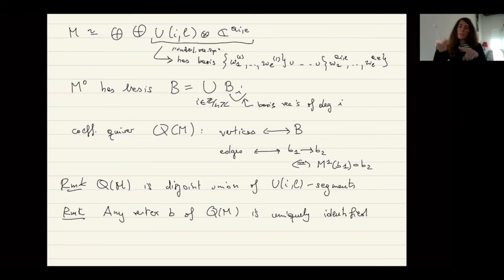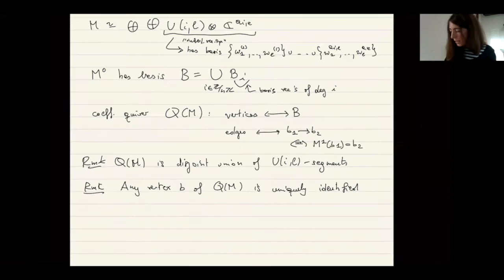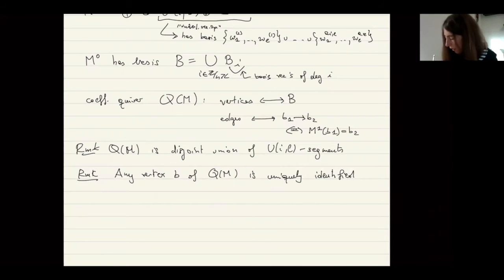I give you two numbers so you understand which vertex it is. These two pieces of data are, one, the segment it belongs to, which I denote by s_B, and then the position it has on the segment.